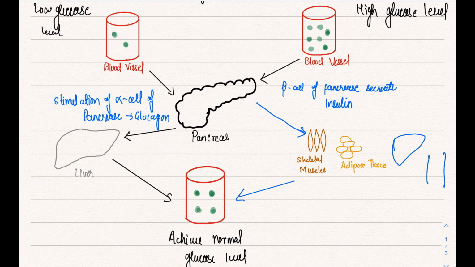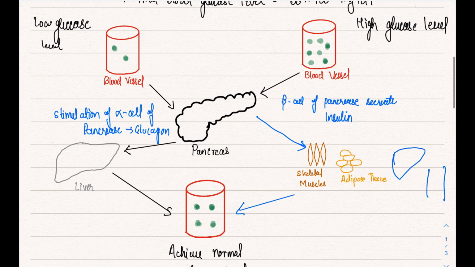So what is happening in diabetes? You can understand that if there is a complete deficiency of insulin, that could be due to the destruction of these beta cells, mainly because of autoimmune conditions.